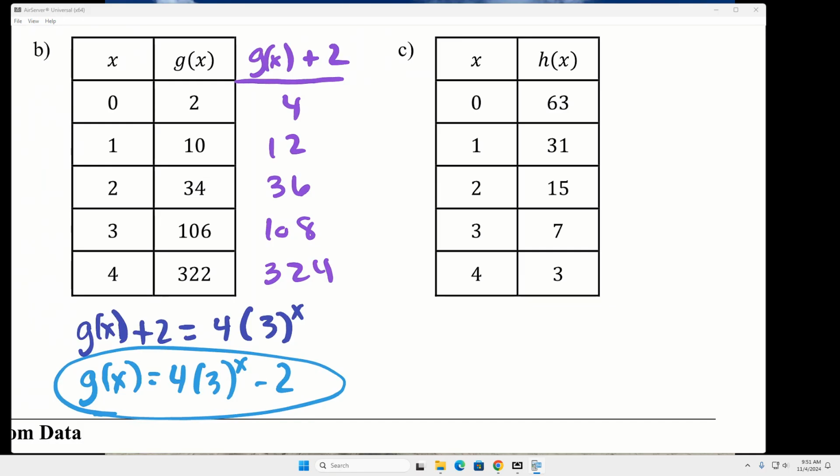So after you get your table as proportion, then write your equation for the table, please.